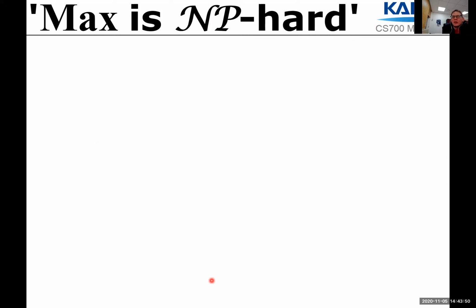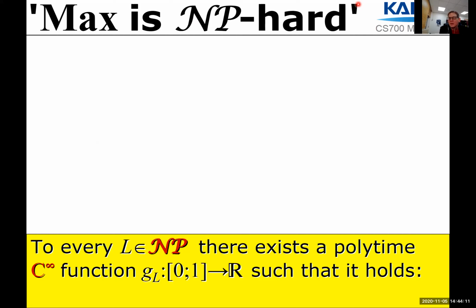So the first we're going to show is that maximization is NP hard. And please notice again the quotes here, because NP hardness, polynomial time reduction, as I keep emphasizing, is not defined for the continuous realm. So let me first state the statement to clarify the possible confusion.